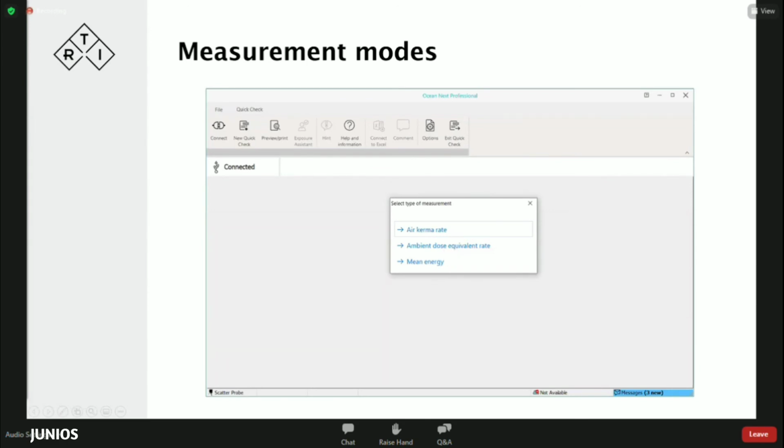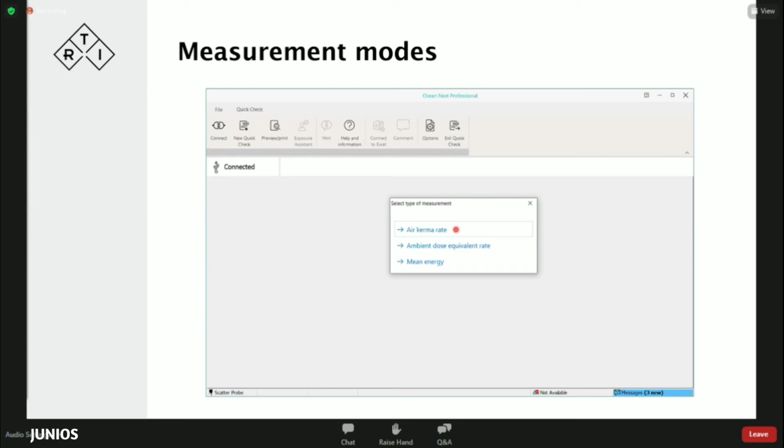So what are the differences? In ambient dose equivalent, the unit you get is the sievert, which is often used for scatter measurements. Air kerma rate, you would usually get your measurements in milligray or milliroentgen, which is the measurement for leakage.